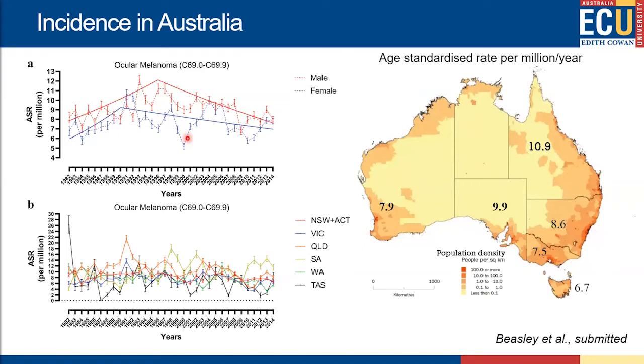However, there was a significant increase from the 80s to 1995, and then a reduction observed since in both males and females. The incidence of uveal melanoma across different states did not differ significantly. However, there is a trend of reduced incidence at high latitudes, with Tasmania displaying the lowest incidence rate at 6.7 per million individuals.